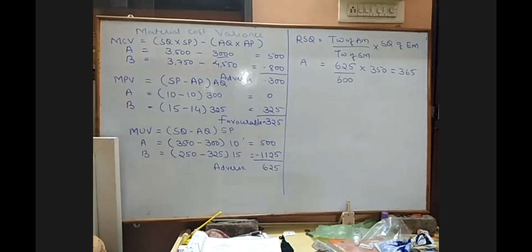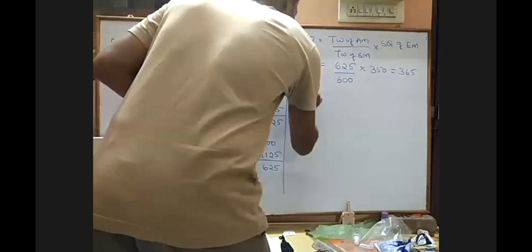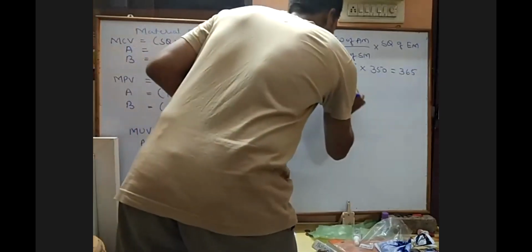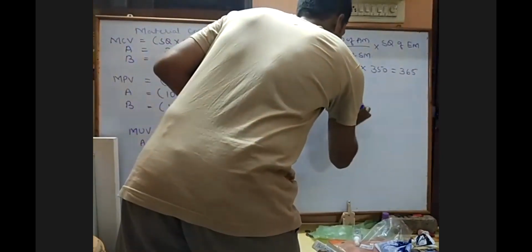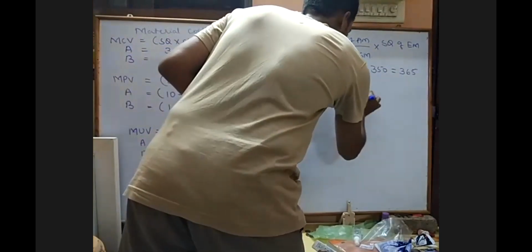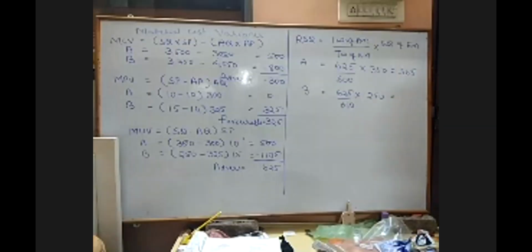Next is the same should be done for B also. For B also, it is 625 divided by 600 into. Now, what will be the result? 260.41.